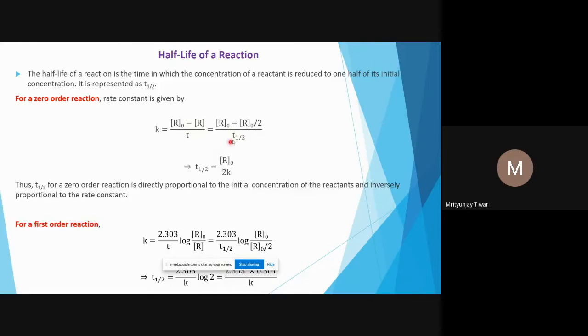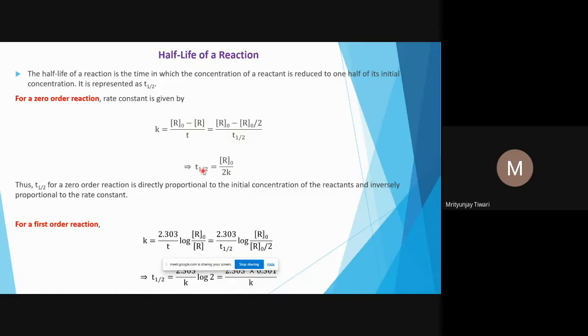So we can represent t as t half, and R is equal to R naught by 2. So R naught minus R naught by 2 gives R naught divided by 2, into t half. So K will be equal to R naught divided by 2 into t half.